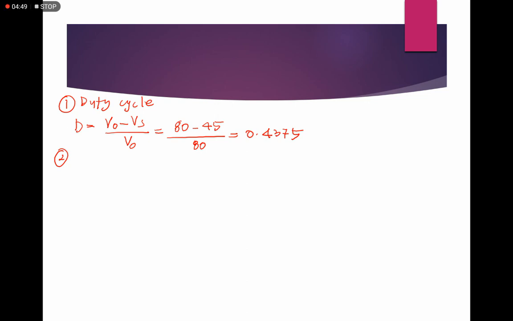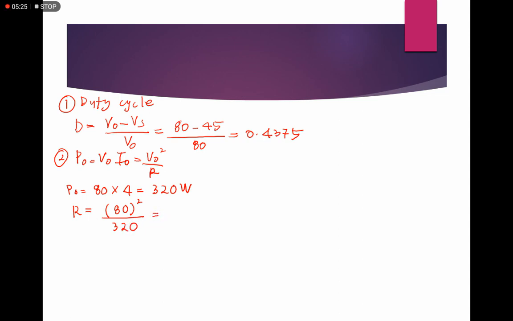Your power P0 equals V0 I0 equals V0 squared over R. Your P0 is 80 multiplied by 4, so you get 320 watts. Then R is 80 squared over 320, which is your output power, so you get a resistor value of 20 ohm.